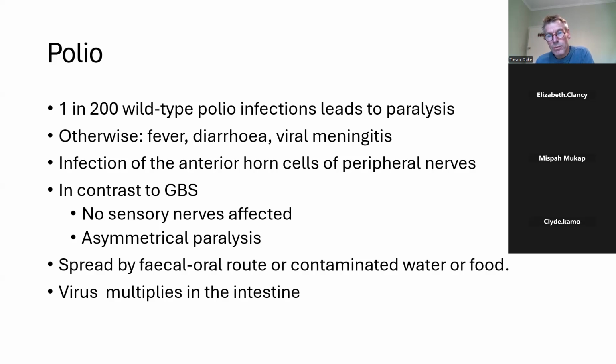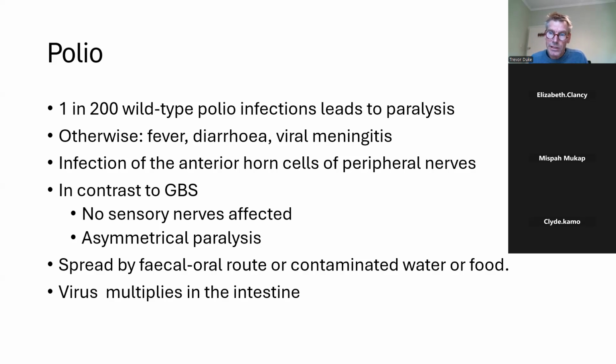In contrast to the much more common these days Guillain-Barre syndrome, there's no sensory nerve involvement with polio. So older children, if they have tingling or numbness or paresthesia or pain in their limbs, then it's most likely they've got Guillain-Barre syndrome, especially if it's been a symmetrical paralysis and an ascending paralysis.